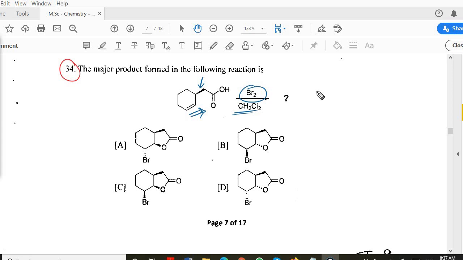During the addition of the bromine, this above-the-plane group will hinder the attack of the bromine, so it will attack from the below side, or from the bottom side, and as soon as it is going to form a carbocation, it is going to be attacked by the bromine plus.